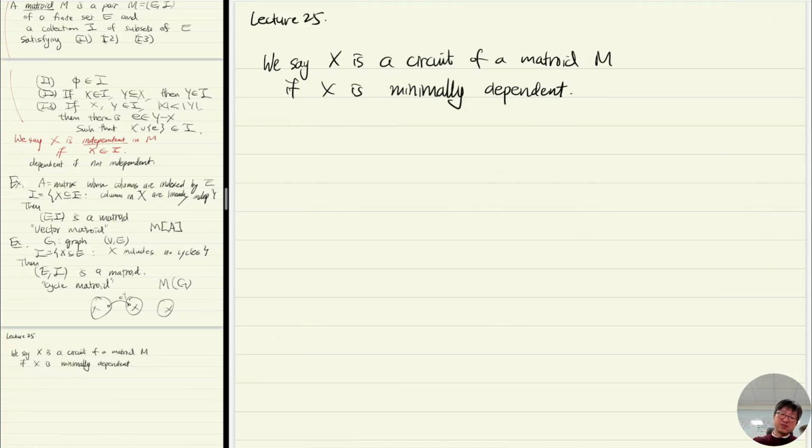So for instance, in the plane, any three generic vectors will form a circuit, because if I remove anything, the remaining are linearly independent, but all three are dependent.